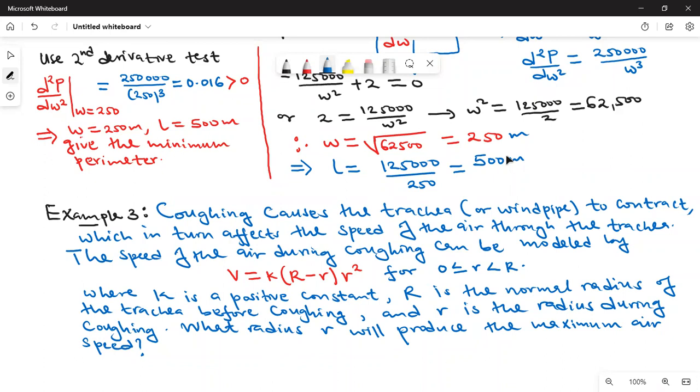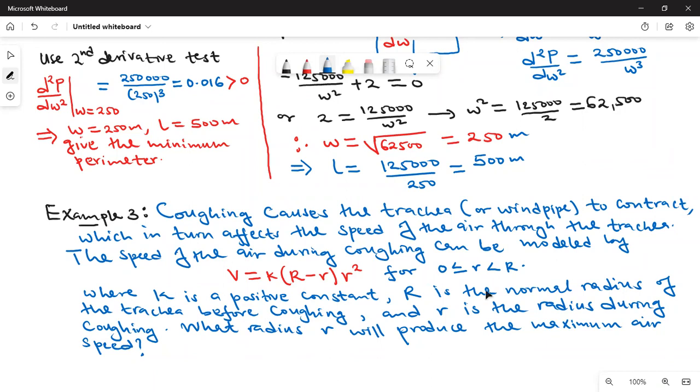The speed of the air during coughing can be modeled by the equation V equals K times (R minus r) times r squared, for 0 less than or equal to r less than or equal to R, where K is a positive constant. The capital R is the normal radius of the trachea before coughing, and the small r is the radius during coughing. What radius r will produce the maximum air speed?